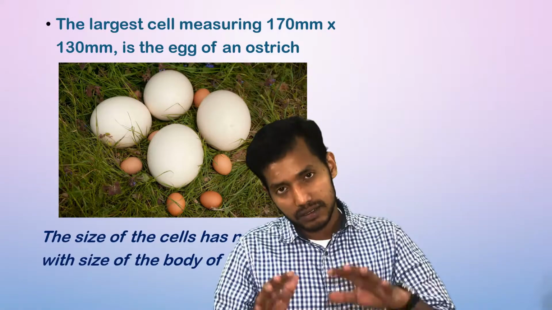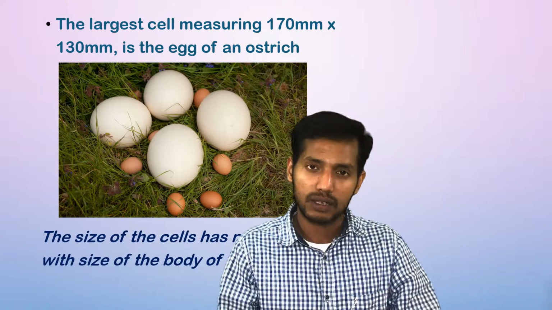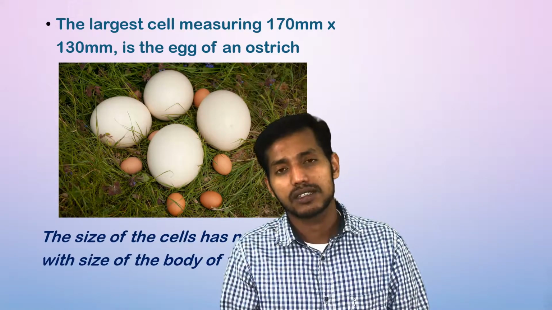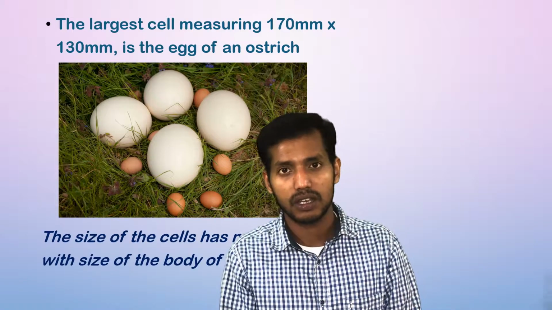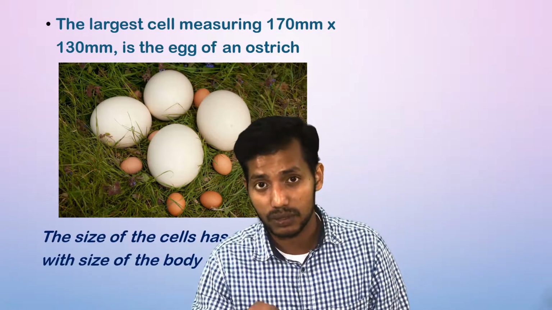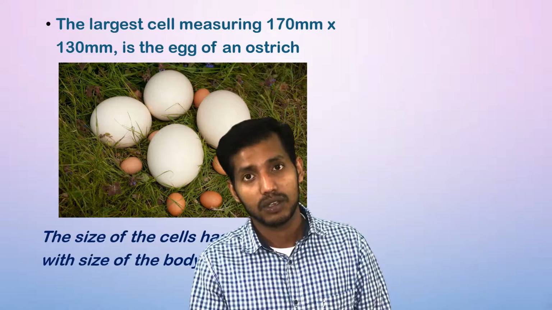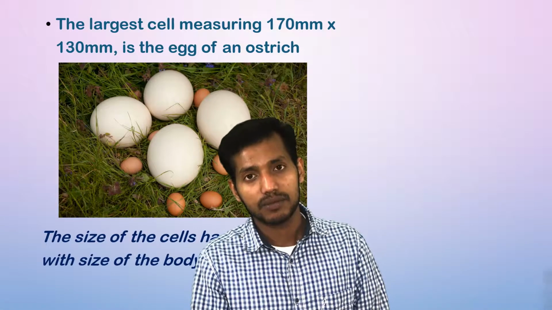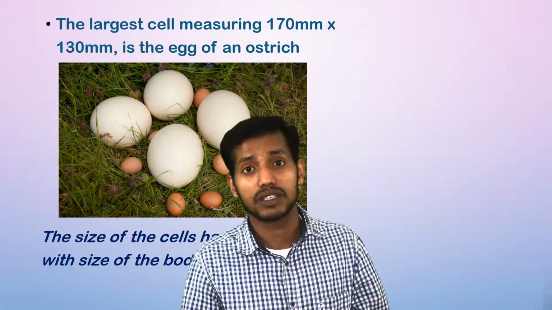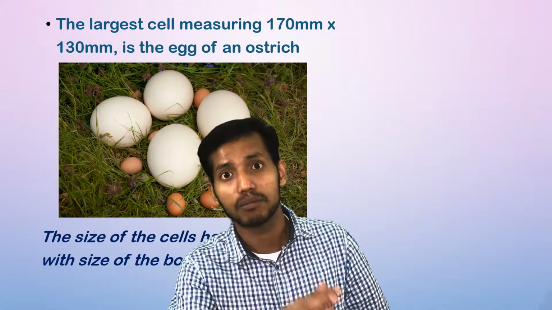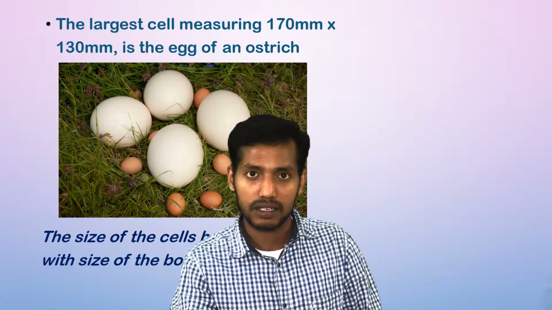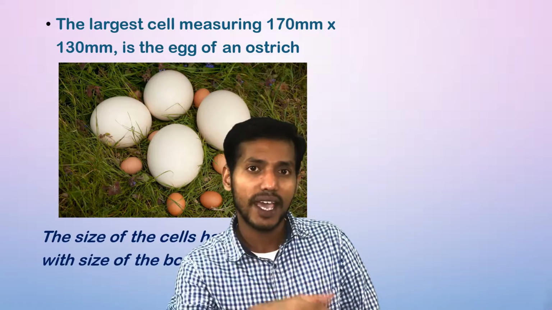After discussing all this, we can conclude that the size of the cell of an organism does not depend on the size of the body of that organism. If it did, then the largest cell should be the cell of an elephant or a blue whale. But the largest cell is the ostrich egg.